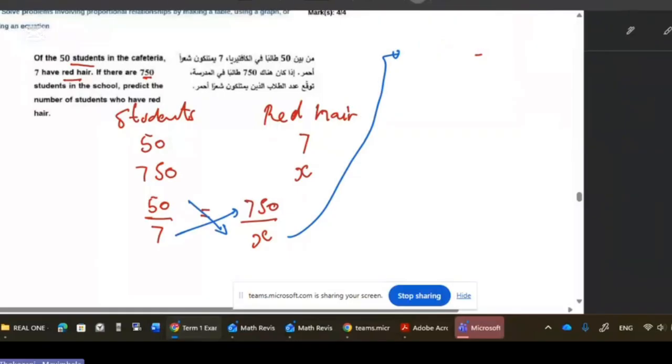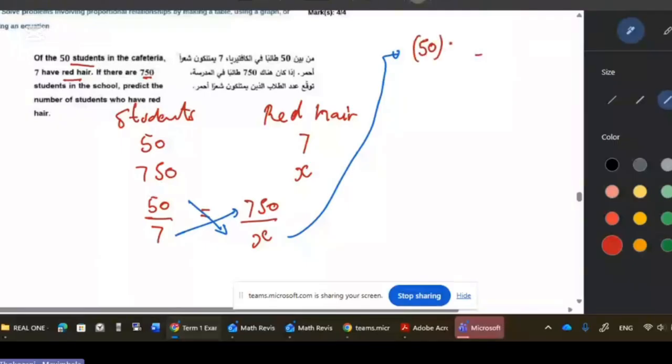Let's finish it nicely. 50 multiplied by x equals 7 multiplied by 750. If I multiply that, it's going to give me 5250.